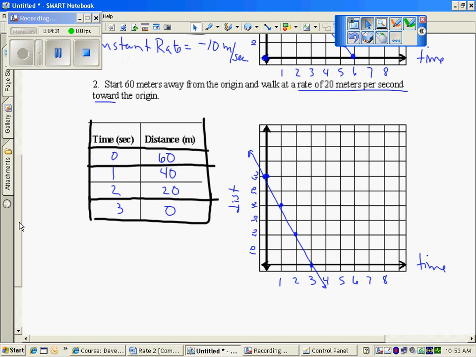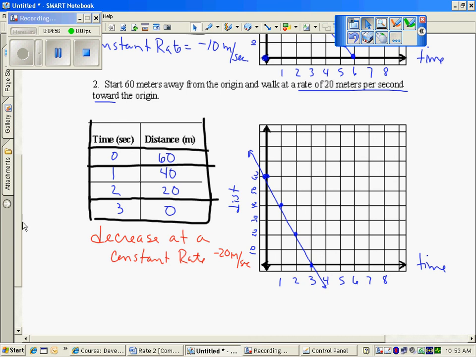So once again, it is a decrease at a constant rate. And the rate for this graph is I'm decreasing 20 meters per second. So my graph has a steeper slant to it than the first one.